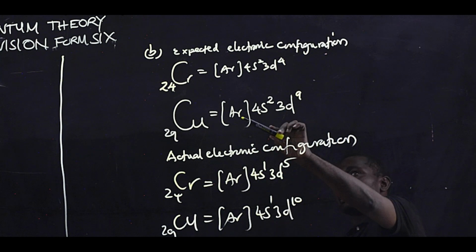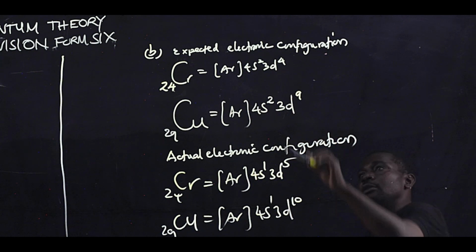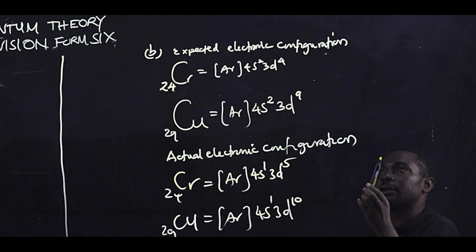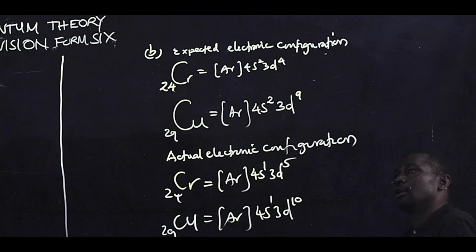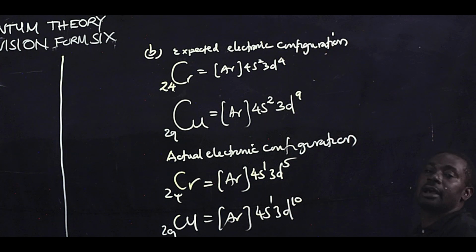The remaining 11 electrons should be filled in the outermost sub-energy levels. So 4s accommodates 2 electrons and 3d accommodates 9 electrons. So these two are the expected electron configurations of chromium and copper.